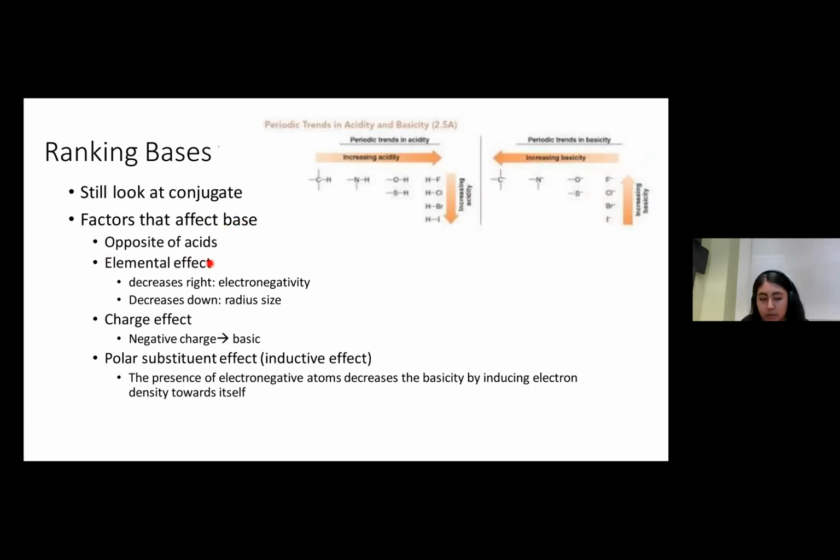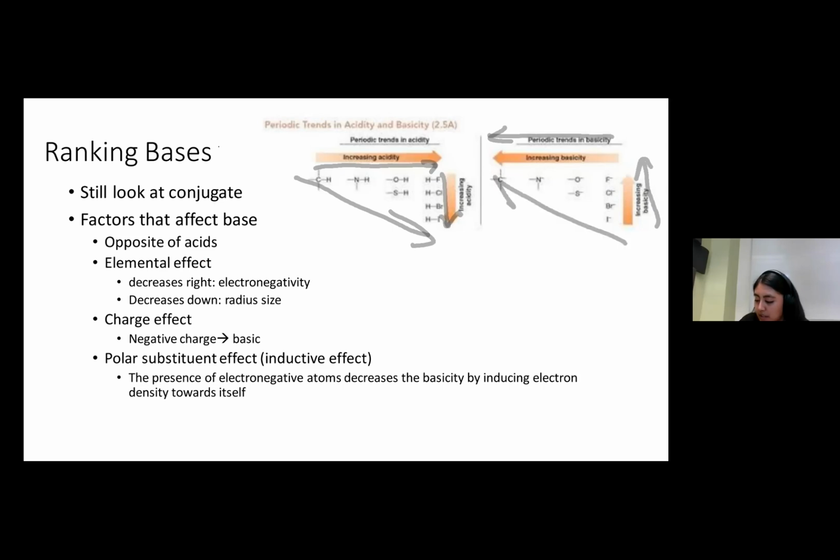So when we're looking at the elemental effects, we said that acidity increases as you go to the right of the periodic table and down, just like this. But when it comes to bases, basicity actually increases as you go to the left and up.